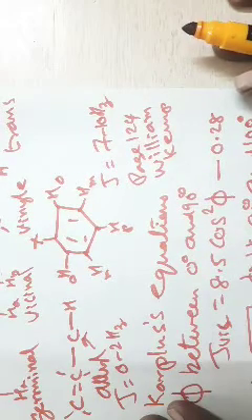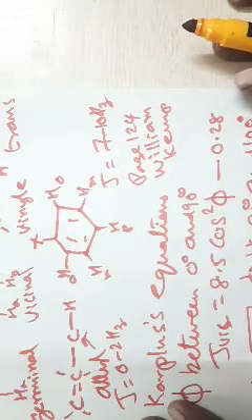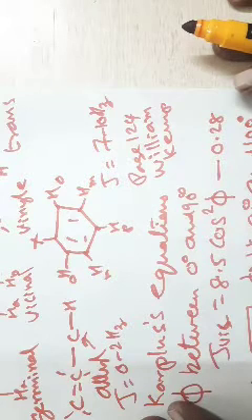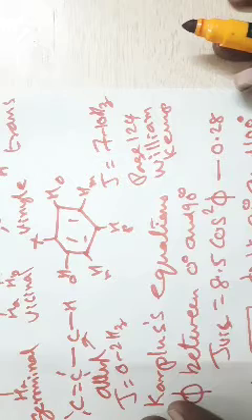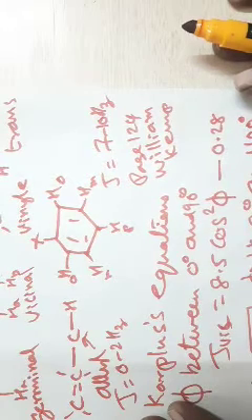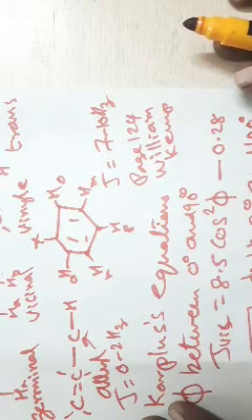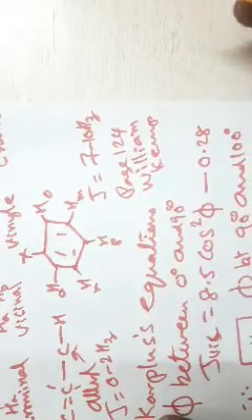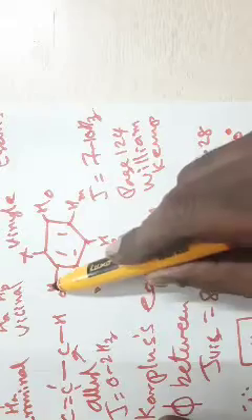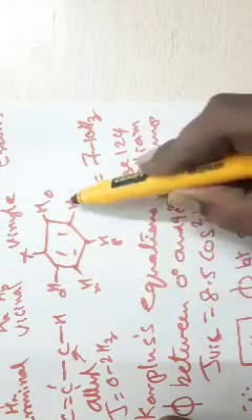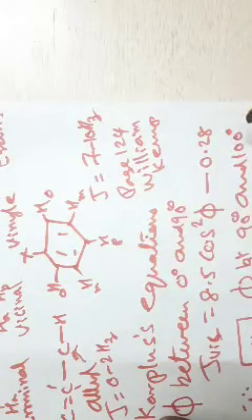If it is disubstituted, then it leads to further complication. Disubstitution may be symmetrical disubstitution or unsymmetrical disubstitution. So depending on the situation, we have different types of protons, namely ortho protons, meta protons, and para protons.